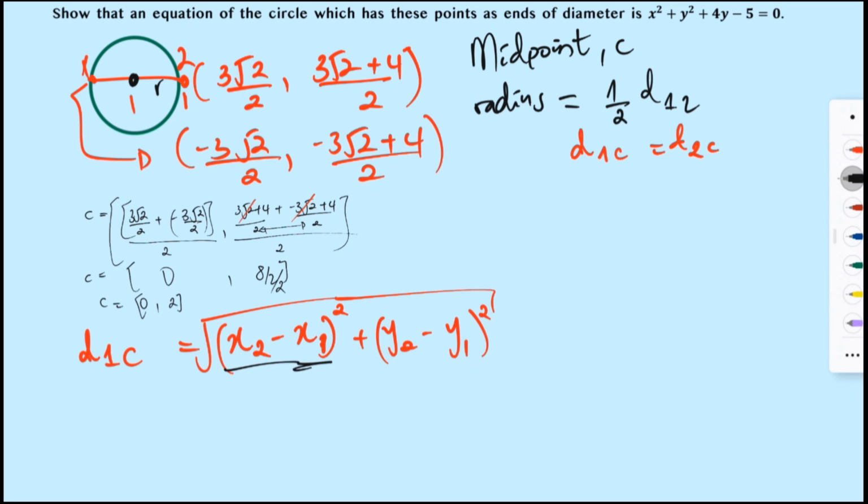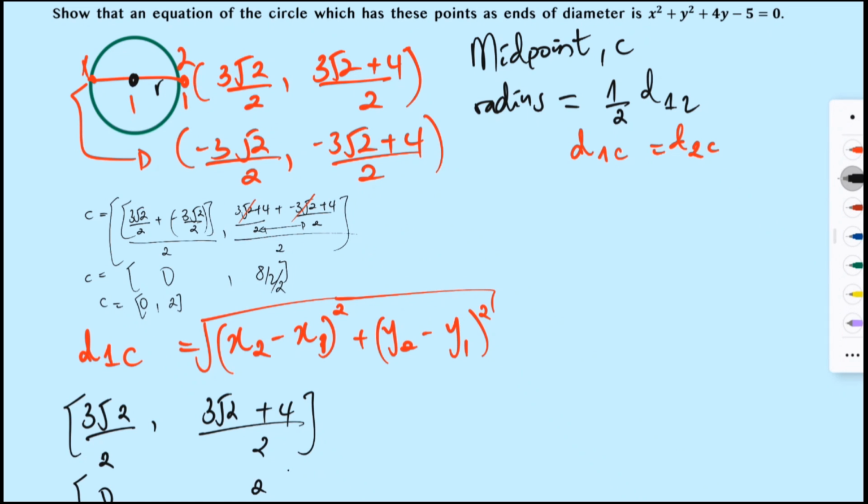when you square it, it should give you a positive number always. All right then, so we are finding the distance between (3 root 2 over 2, 3 root 2 plus 4 over 2) and (0, 2). I just put this like so, so that I can align them. When I align them, it's easier to see what I'm subtracting: x and x, y and y.